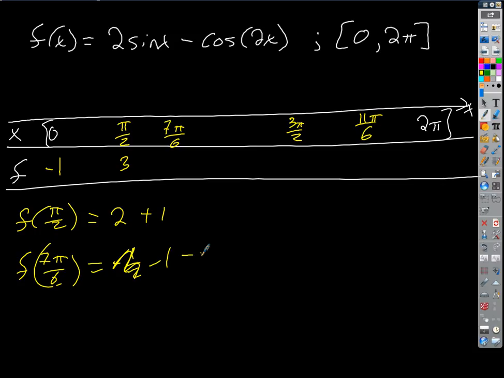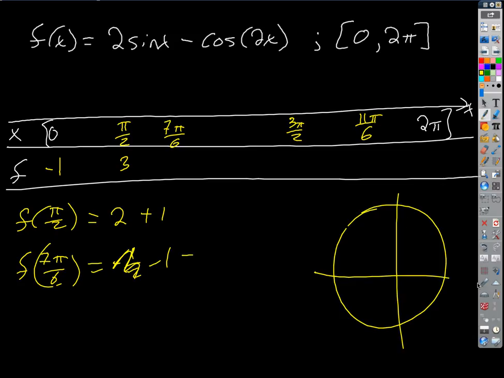Minus cosine of 2 times 7/6 pi. Well, that's just 7/3 pi, right? Make sense? So let's think about the unit circle then. Where is that going to be? 7/3 pi. What's 6/3 pi? 2 pi. So we'll go all the way around, plus pi over 3 is right there. What's the cosine of that? 1/2, good. So minus 1/2 is negative 3 halves.